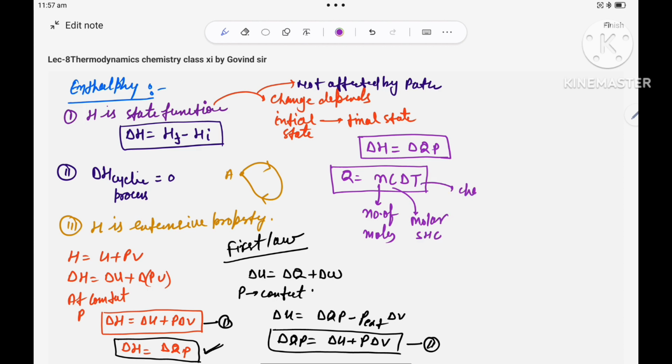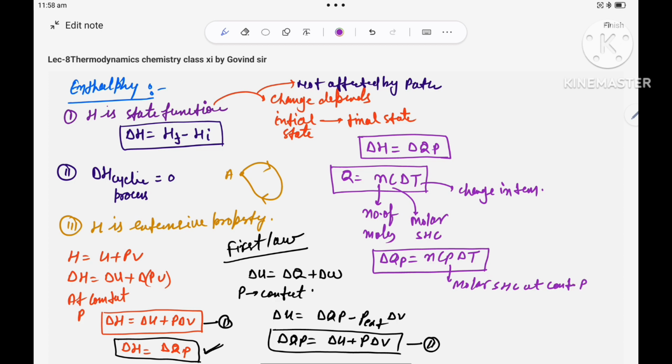Delta T is the change in temperature. So what is QP? Heat at constant pressure. That will be n CP delta T, where CP is the molar specific heat capacity at constant pressure.